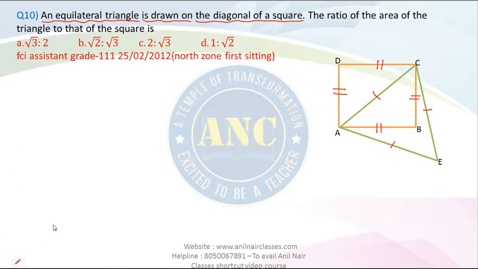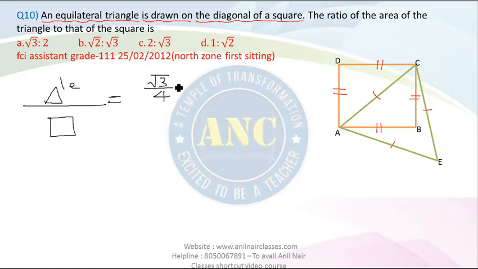Now, very easy, right, sir? Area of triangle to that of square. Now, the area of the triangle, which is an equilateral triangle, is root 3 by 4 into a square, but one of the sides is nothing but the diagonal of the square, so I will represent it as d: root 3 by 4 into d square.